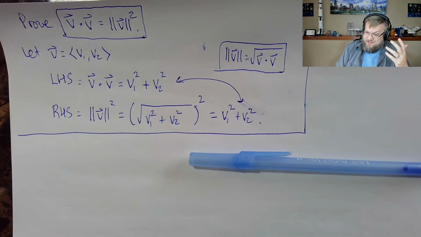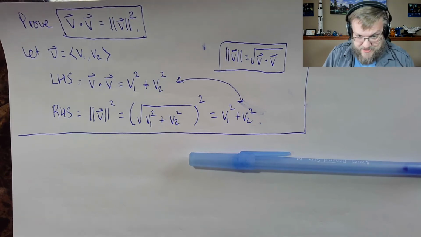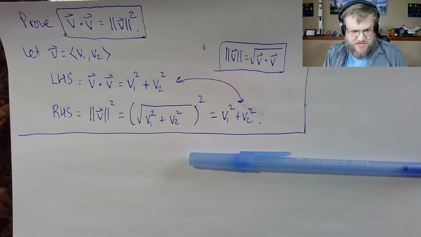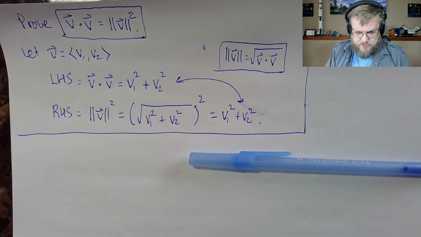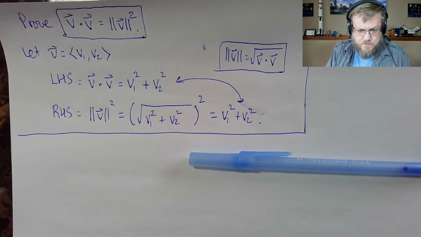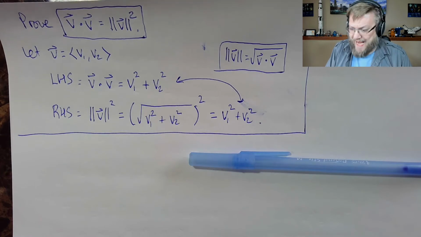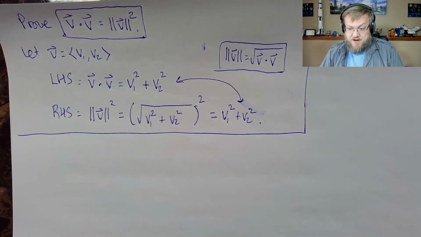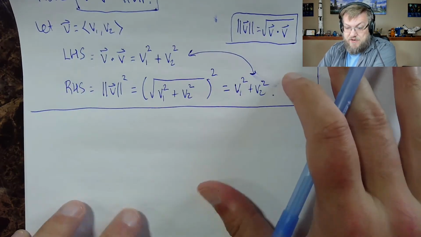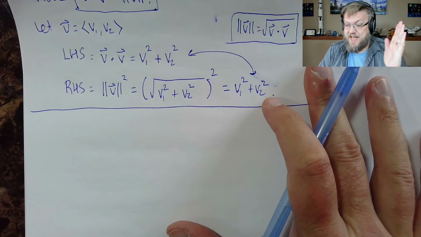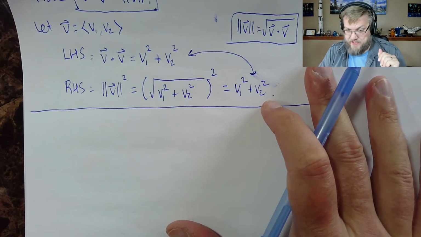Well, let's get into why it's defined the way it is and what sort of things we can do with that dot product. And the first thing I want to talk about is that the dot product is going to allow us to find out the angle between two vectors. And that's one of its primary jobs, is to really start to get an idea of how one vector relates to another vector as far as their angle from one another.